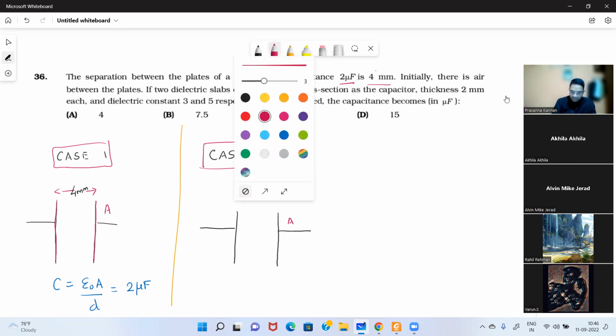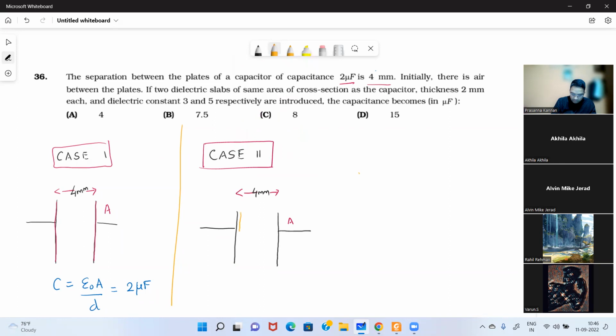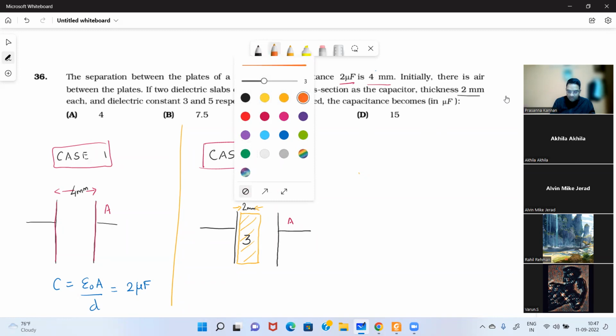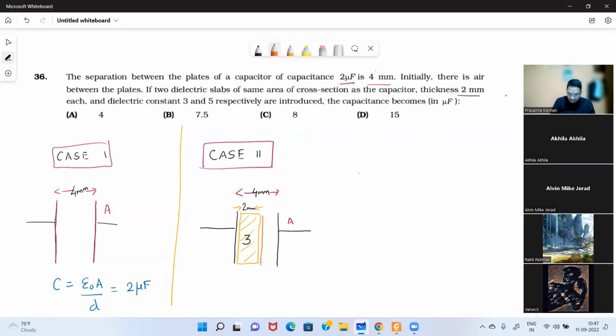Half the length has one dielectric. How much is the dielectric constant? 3. Half the length means one thickness is 2 millimeters, as given. So this length is 2 millimeter. On the other part, it is not air. The other part is also dielectric, but a different dielectric.